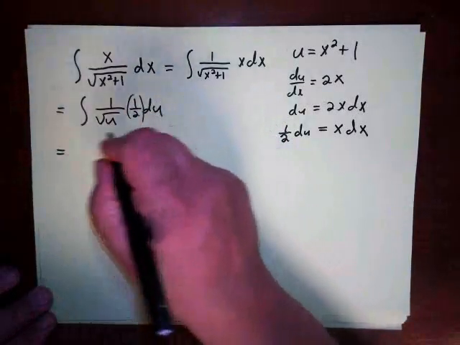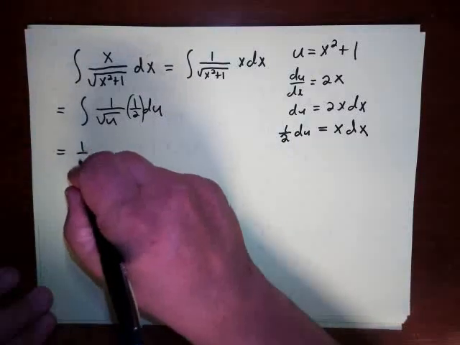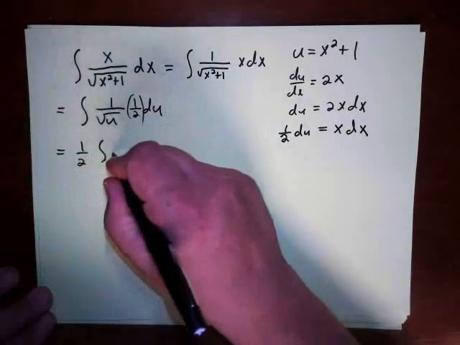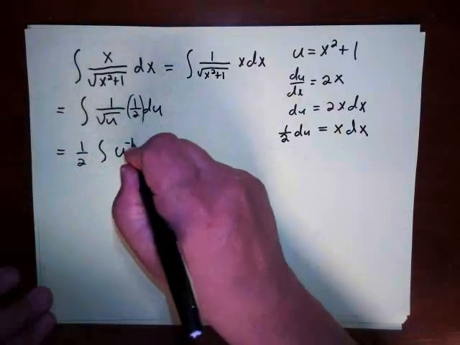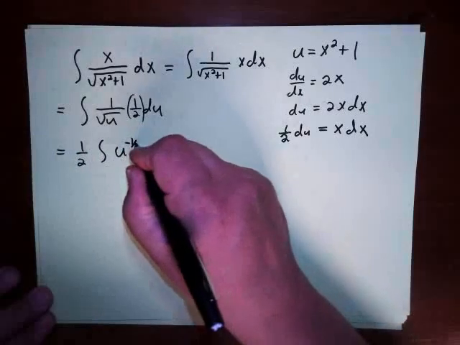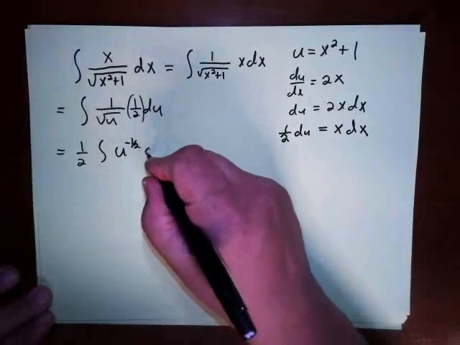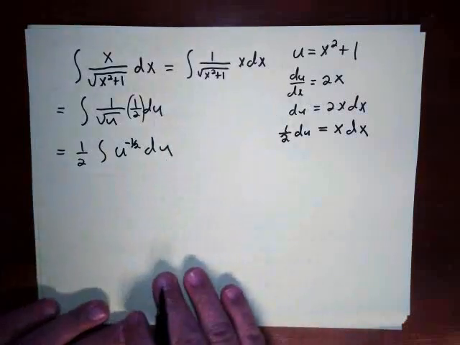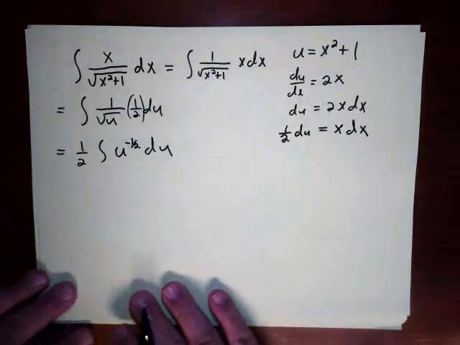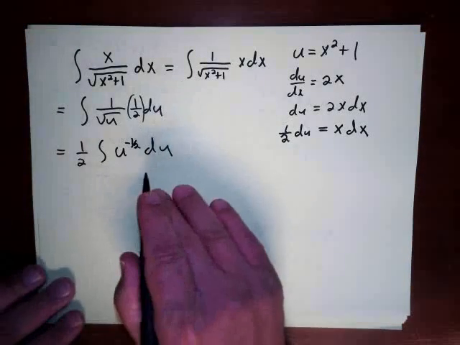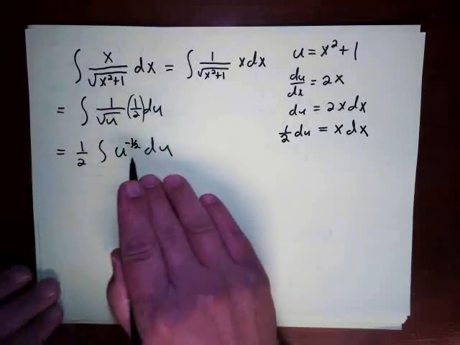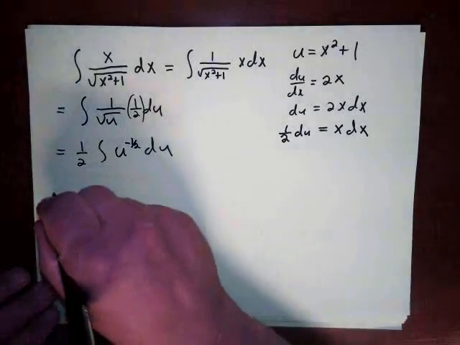So I can pull out the 1/2, and then I can write this as a negative fractional exponent, u to the negative 1/2 du. So it would look like that. And then I can use the power rule on that.